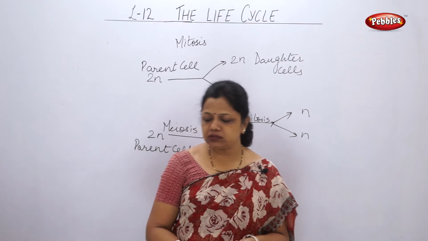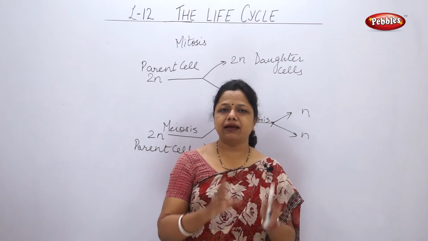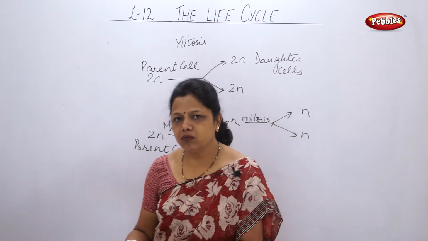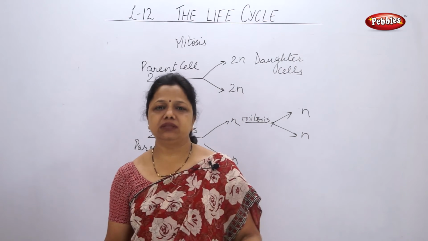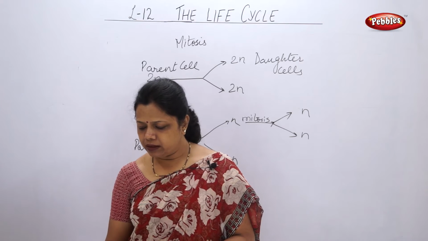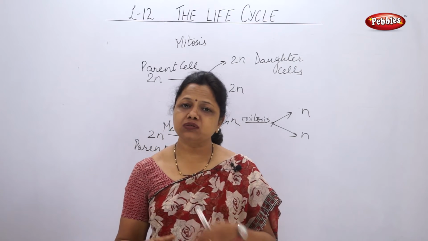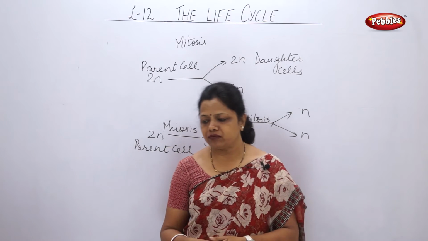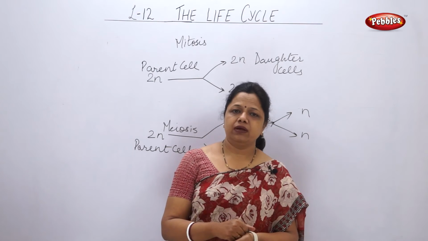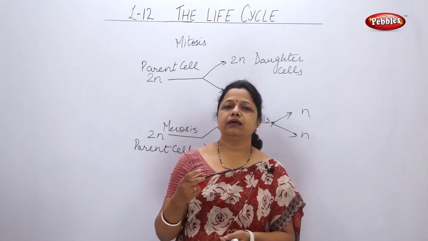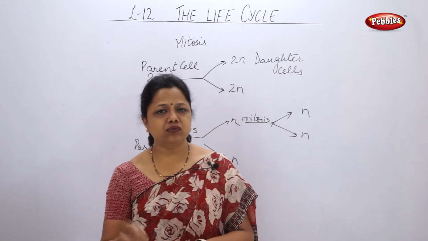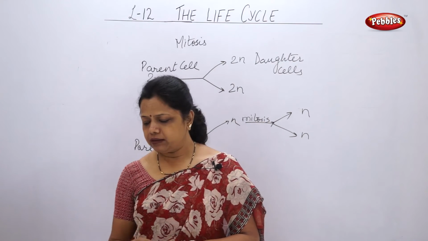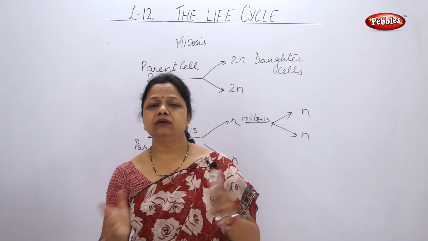Secondly, it shows the exact characteristics of the original plants. No change is seen in that. And thirdly, as compared to the plants growing from the seeds, these plants bear flowers and fruits in less time. So they grow rapidly, they grow seeds and fruits also rapidly, and they are very similar to the parent plant.